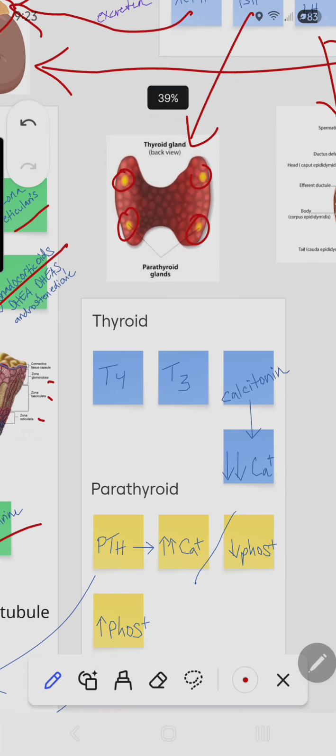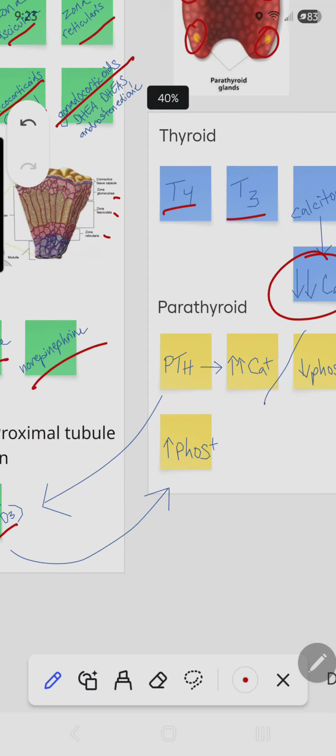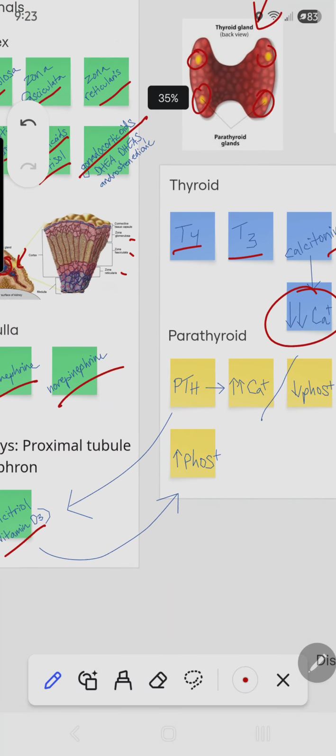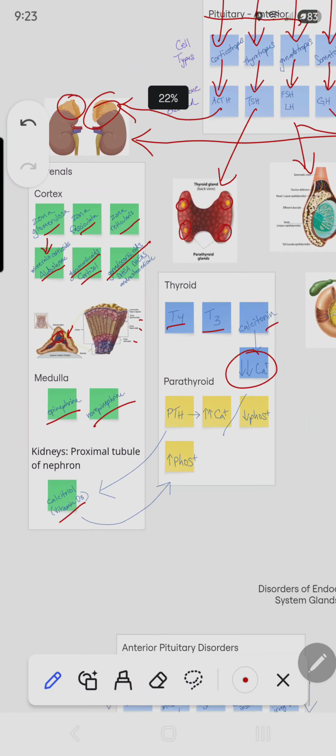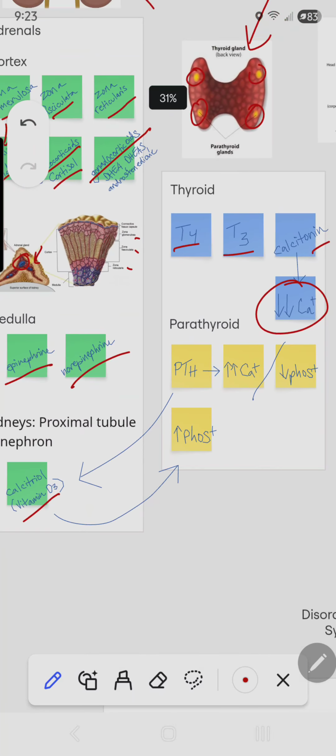The thyroid gland is going to produce T4 and T3, as well as calcitonin. Calcitonin is responsible for lowering the calcium level in the bloodstream, which can be pretty important if calcium levels are running really high. Your parathyroid hormone, which is going to come from your parathyroid glands, is responsible for increasing your calcium levels and decreasing your phosphorus levels, and that helps in the regulation of calcium.